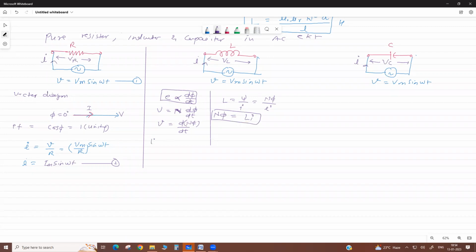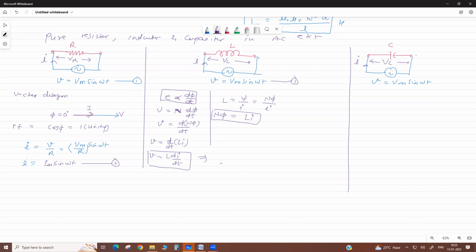So if we put here d by dt of Li, then this is the equation for voltage. From this we can calculate the current.